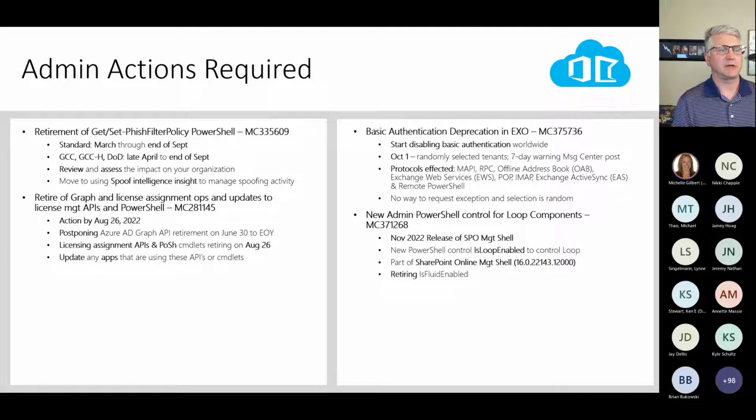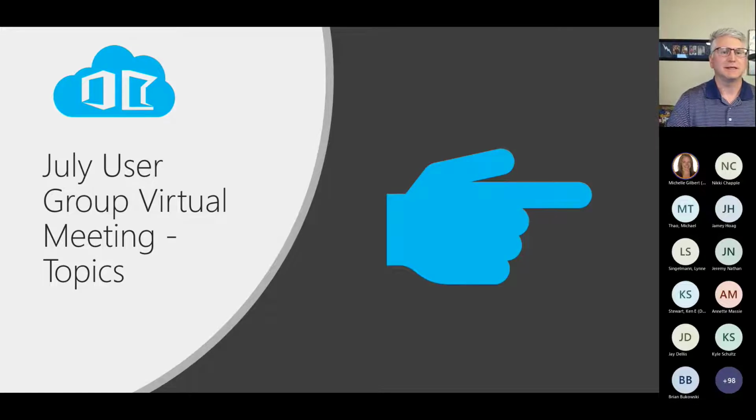Basic authentication deprecation in EXO, which I hope a lot of people have already started working through, coming up in October. And then there's a new PowerShell control for Loop components, being released in November. All right, with that, I think I'm done.